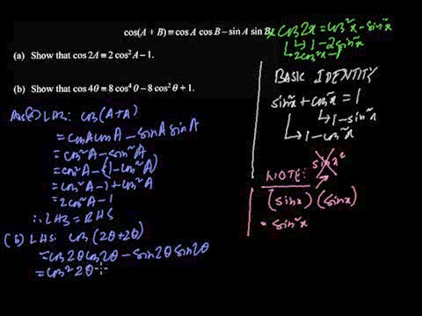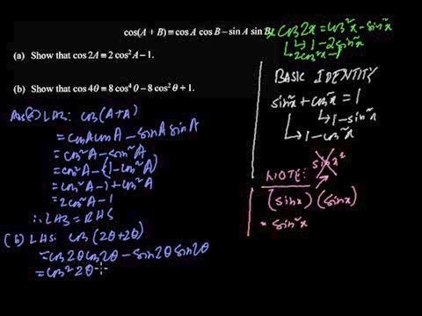I've mentioned that if the same thing is multiplied, we write sin squared of any angle or cos squared of any angle. Now again we have to express in terms of cos squared, so we have to break this down. So cos squared 2 theta is the same as breaking this down as 2 cos squared A minus 1.